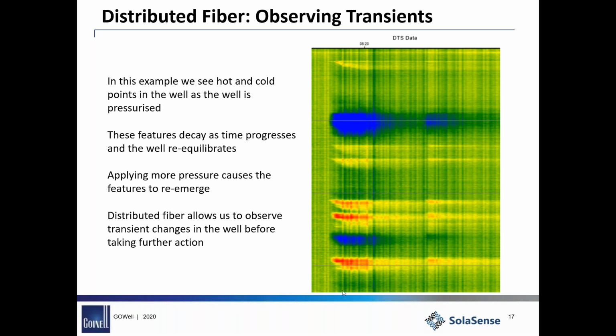If I had a wireline tool sat at the very bottom of this well, I'm going to see nothing. There's no change over the duration of that whole sequence of events. But clearly with the distributed data, not only am I picking up the changes, but I'm also observing the transients and then doing something about that and taking a subsequent action afterwards.